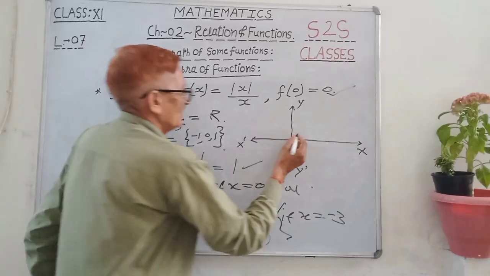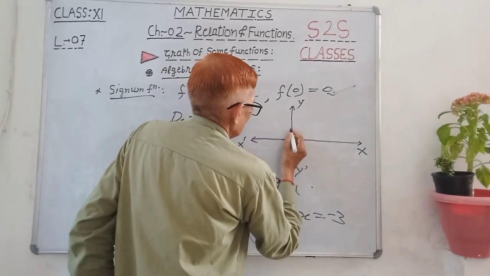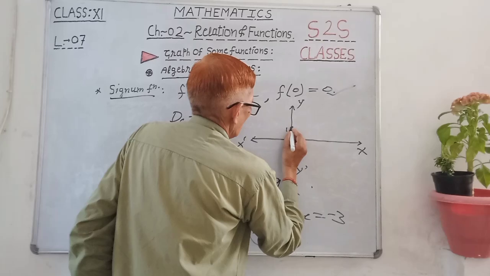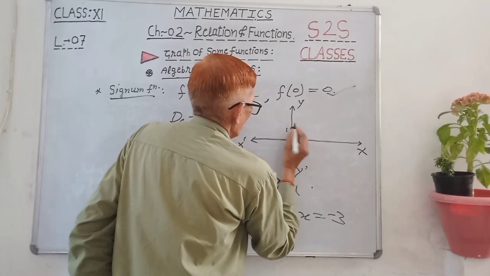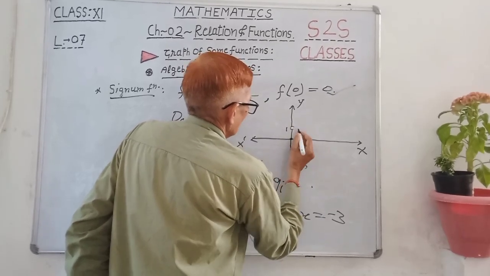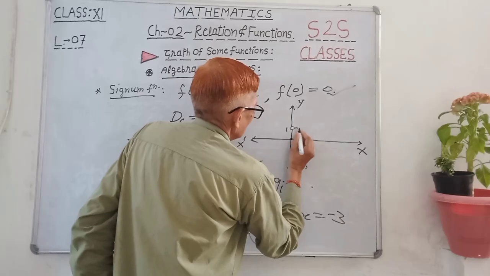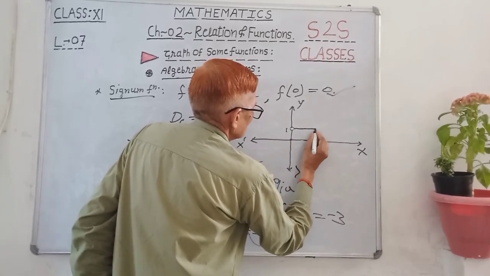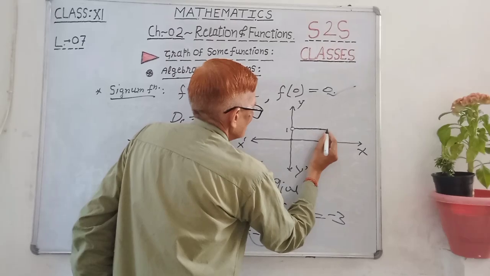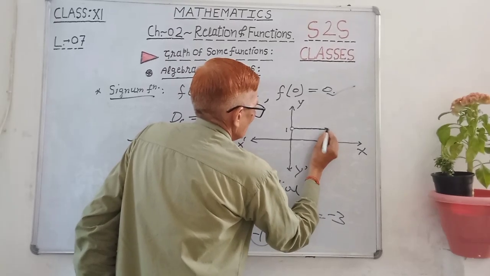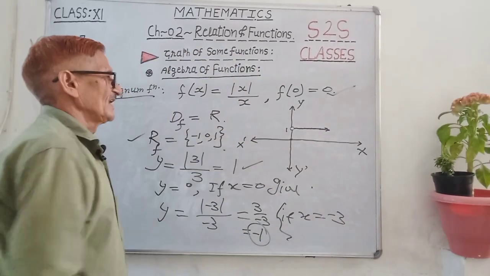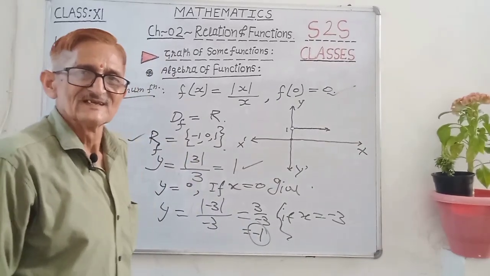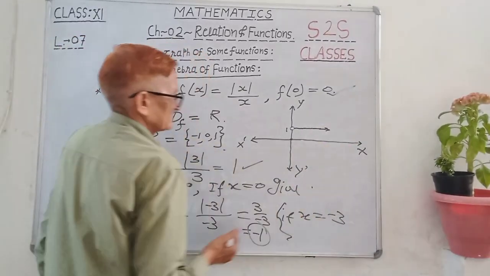Output 1, so y is 1. So here this point is not there, so open interval here, and then a line parallel to the x-axis. X is any positive on this side, but y is always 1. So a straight line will come in the positive side of x.